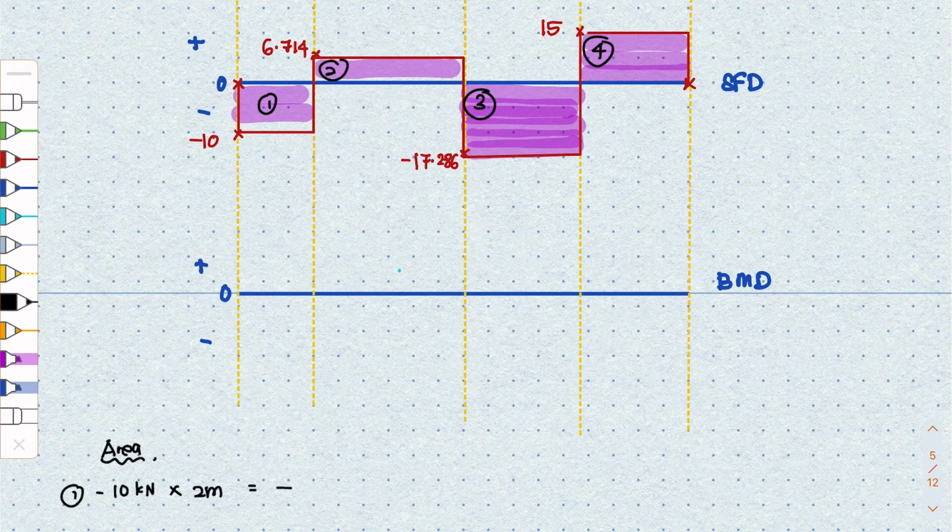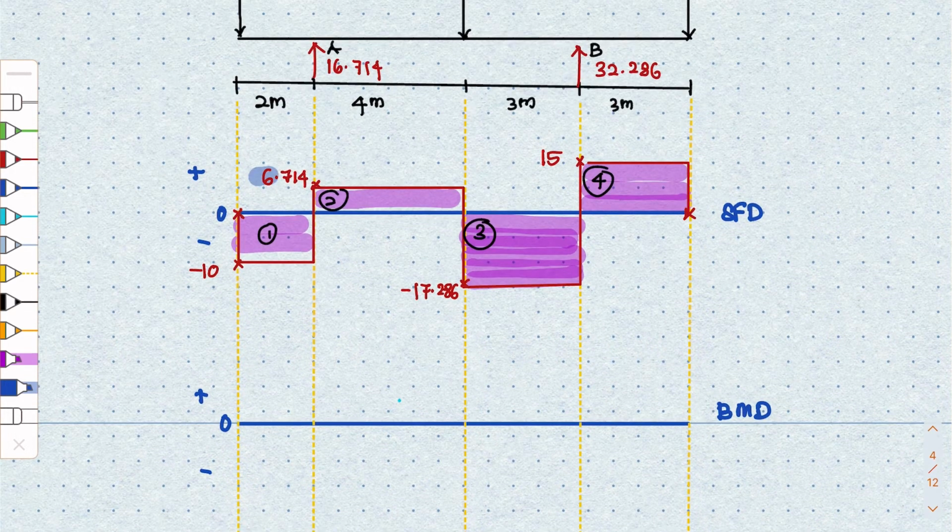You will get negative 20 kilonewton meter. For number 2, area 6.714 as the height ataupun the force, and the width is 4 meter. Okay, ataupun dia punya length lah.